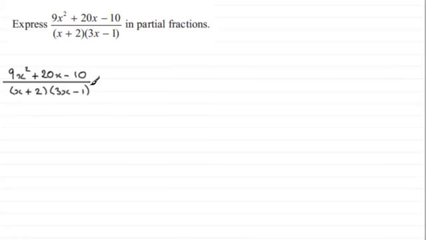Now what I notice first of all with this question is that if I was to expand the bottom here, I've got 3x squared and some other terms, but the important thing is that it is what we call a top-heavy fraction. We've got 9x squared here and we've got a 3x squared on the bottom, and that means that before I start to split this into partial fractions, I'm going to divide the denominator into the numerator, purely because it's a top-heavy fraction.